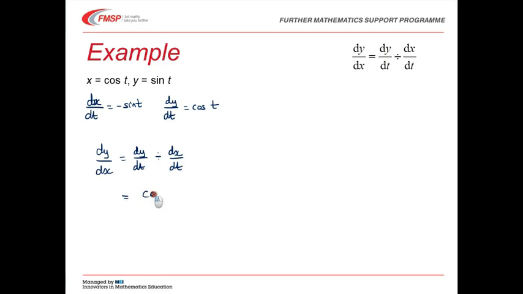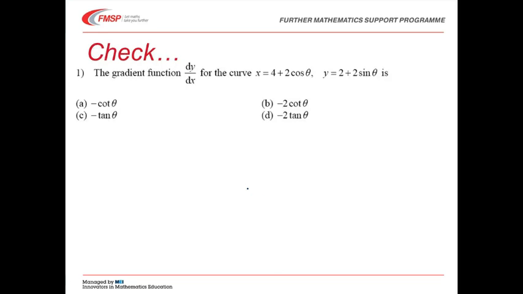So that's cos t over minus sin t, which is minus cot t. Do take care with these, make sure that you get all the t's down. Okay, now it's your turn. Pause the video while you have a go at this one.